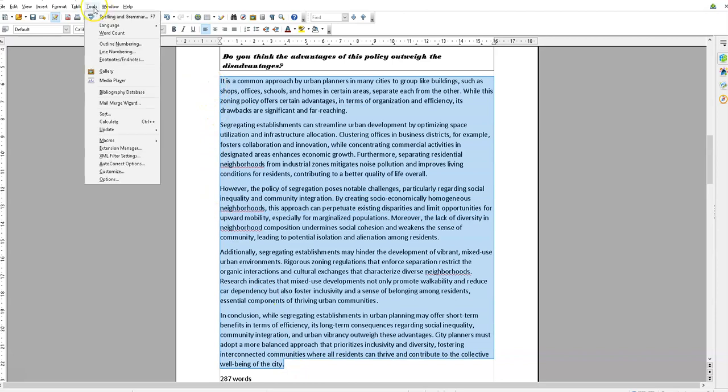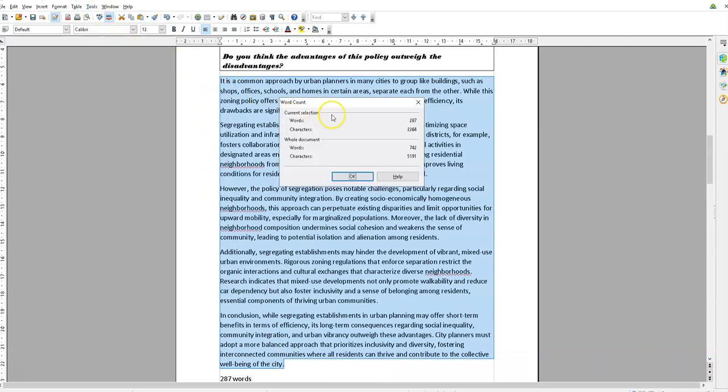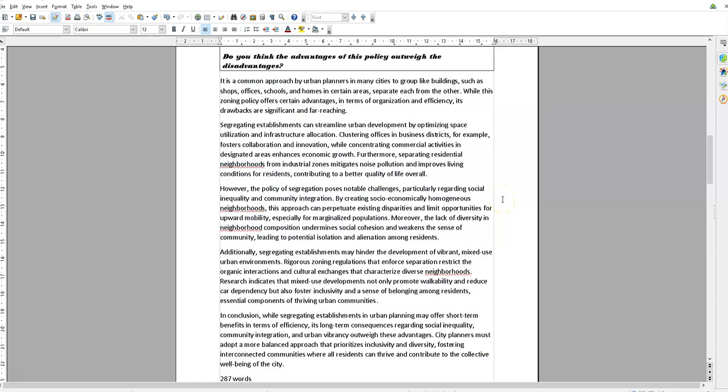That looks a lot more than 287 to me, but okay. So, as I said, I was struggling a bit with this one. I couldn't really think of anything. I had to go scratching my head and do a bit of research before I could compile this. But that's what you've got to do.